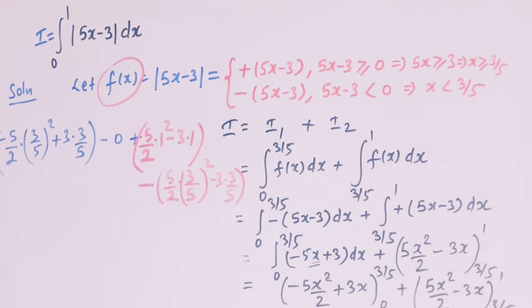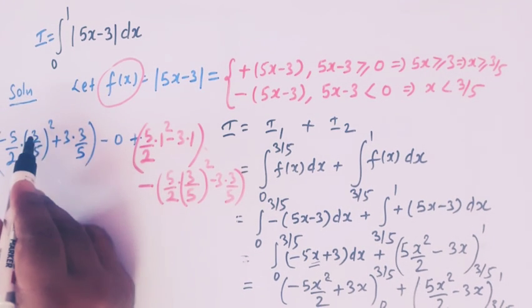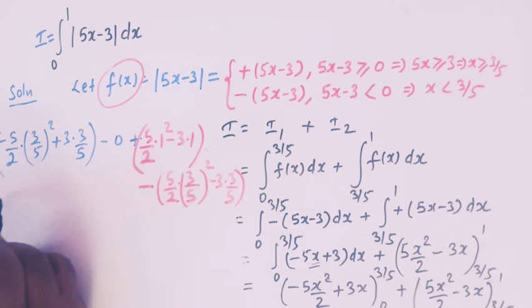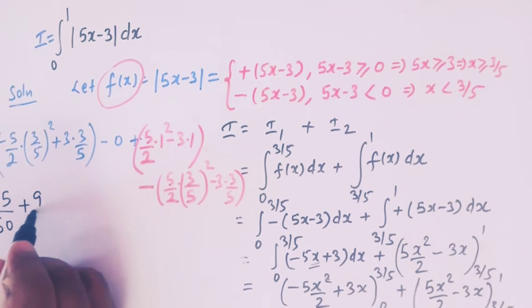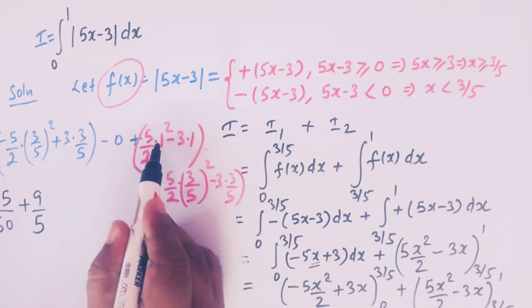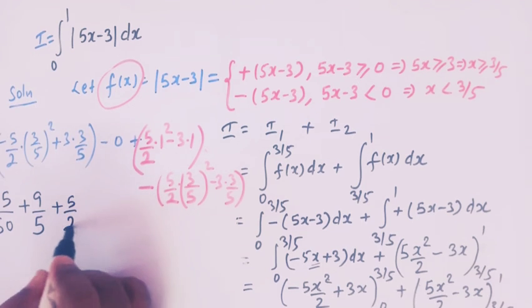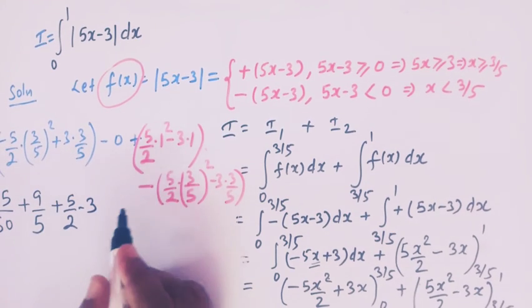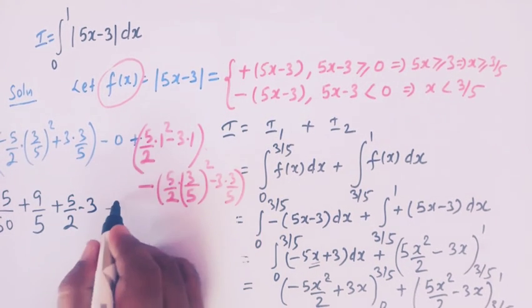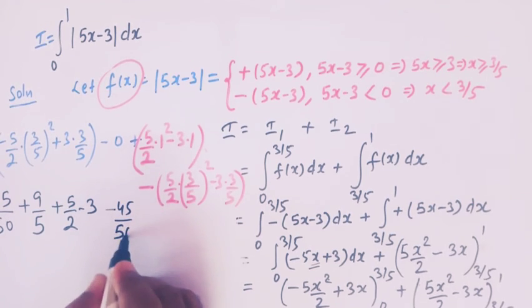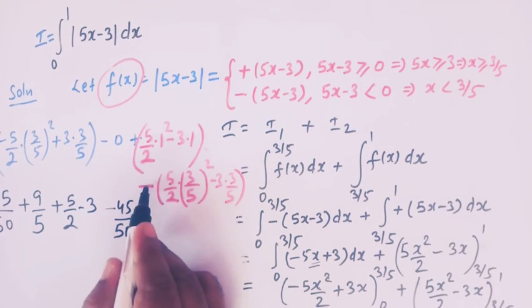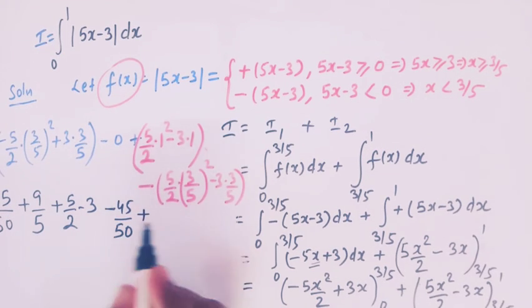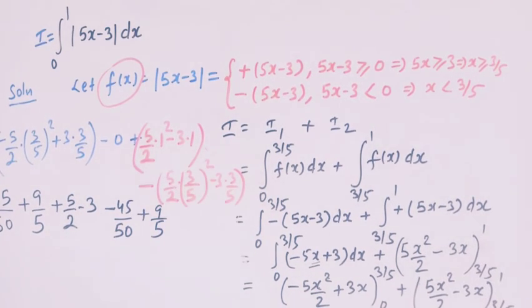Okay, now we have to simplify this expression. So here we have 3 square 9, so we have 45 over 50, then we have 9 over 5, and then we have plus 5 over 2 minus 3, and here we have minus 9 5s are 45 over 50, and then we have this negative sign, and this negative sign becomes plus, so here we have 9 over 5, right?